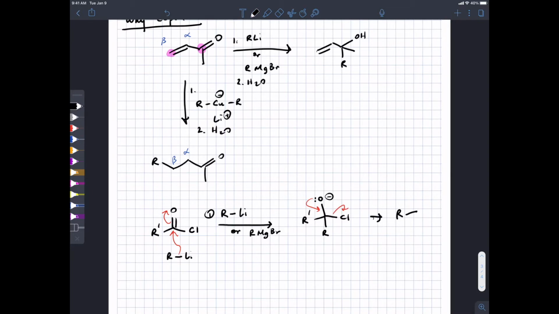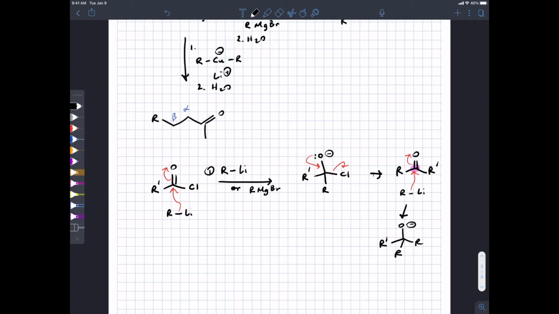But as we saw in the section on adding hydride to carbonyl compounds, we've got a new carbonyl compound that is reactive at the carbonyl carbon. And just like lithium aluminum hydride, organolithium reagents or Grignard reagents are not good at stopping at the ketone. They are reactive enough that you end up adding again. And at this point, there's no good leaving groups on this tetrahedral intermediate.